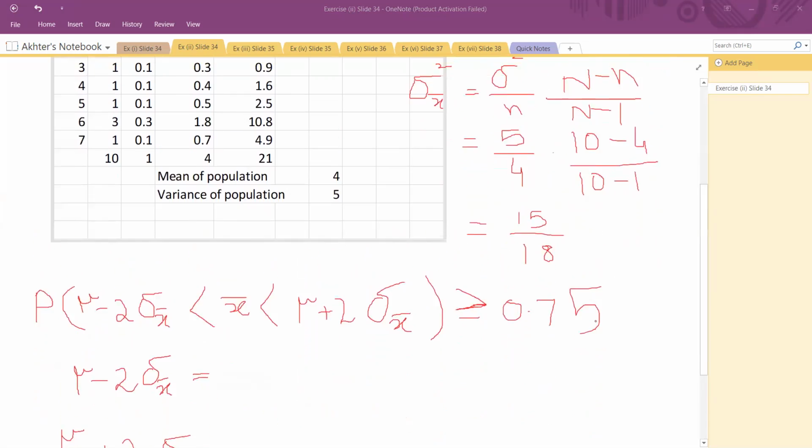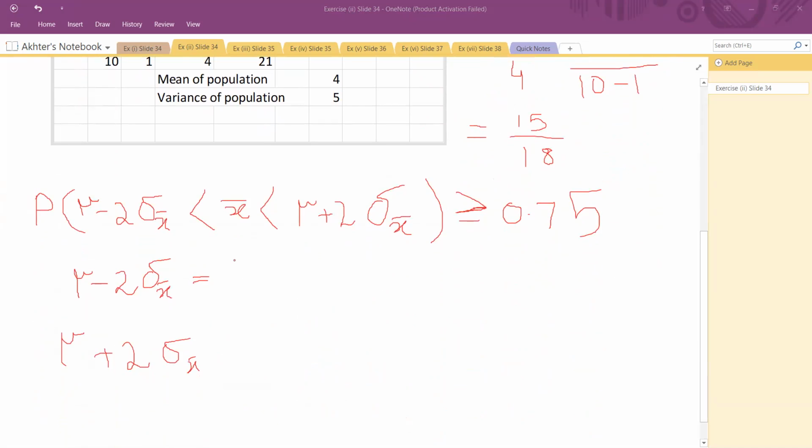So we have to put 4 minus 2 times the square root of 15 upon 18. This is the lower limit of the interval, and this is equal to 4 plus 2 times the square root of 15 upon 18.